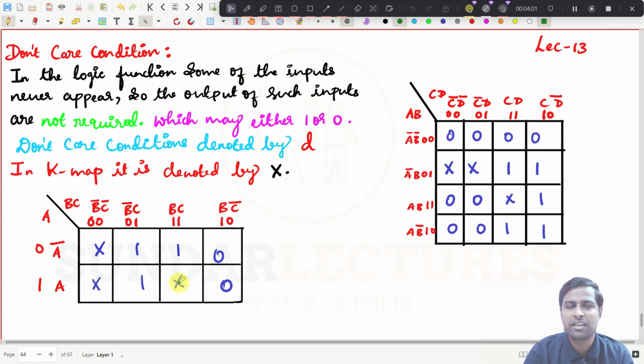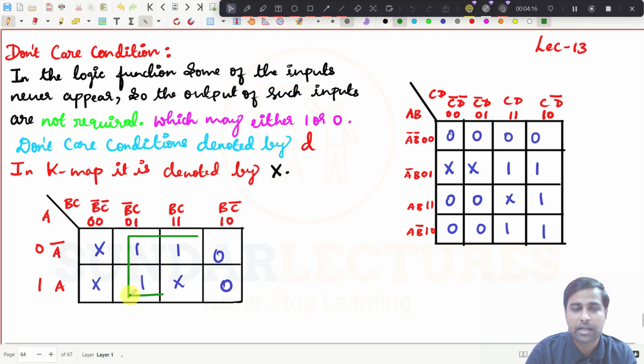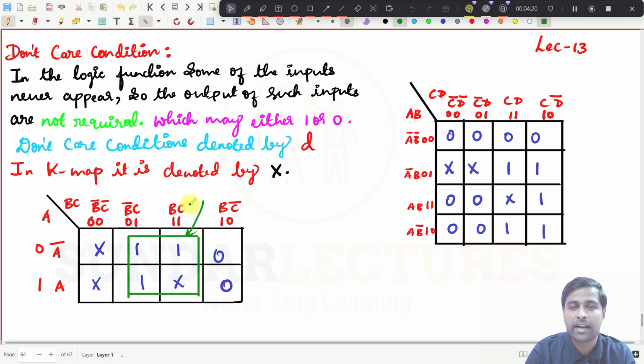So these three ones can be covered, with this x considered as 1, as a quad. This I can consider as quad number 1, and that's all. I have covered all the ones, right?